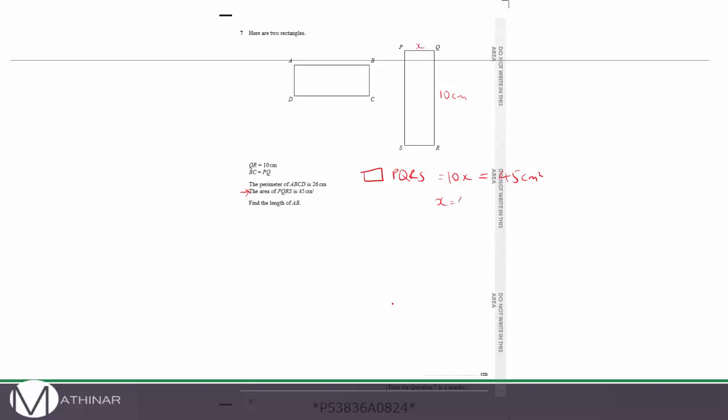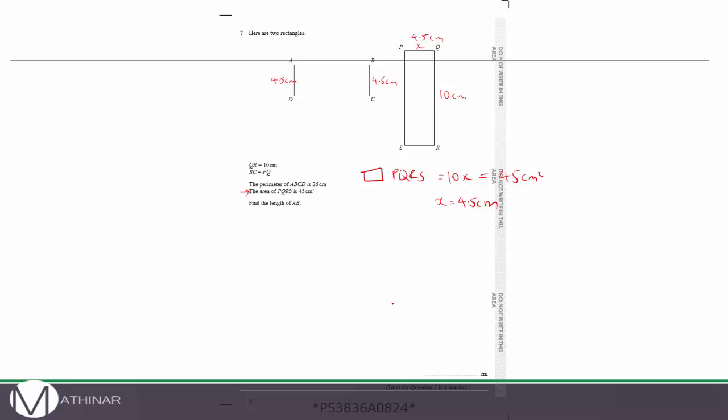Therefore X is 4.5 centimeters. So we now know that this is 4.5, and we are told that BC and PQ are equal to each other. So this is 4.5 centimeters, which means that this is 4.5 centimeters. Now, since this is a rectangle, this is also 4.5 centimeters.